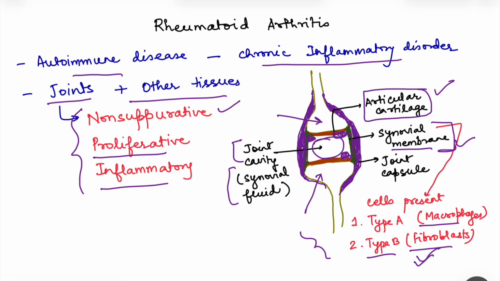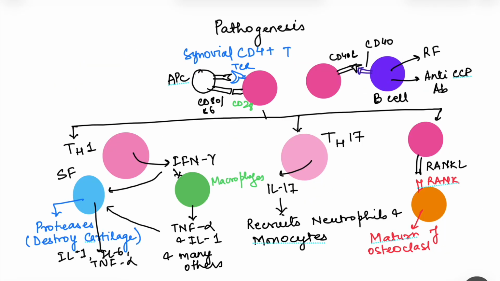So in detail a little bit we will see. So this is the pathogenesis. Main cell involved is helper T cell, CD4 plus T cell, which is again a synovial CD4 plus T cell. Now when an antigen presenting cell presents an antigen similar to the antigens which are present in the joint, so this antigen presenting cell is presenting the antigen to this helper T cell, and there is also co-stimulation.